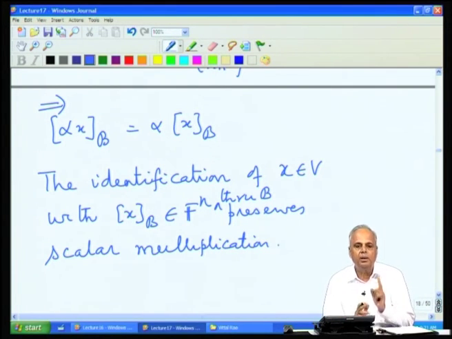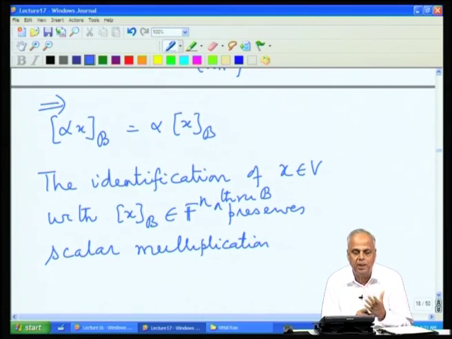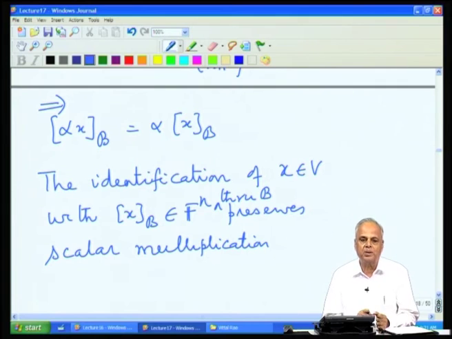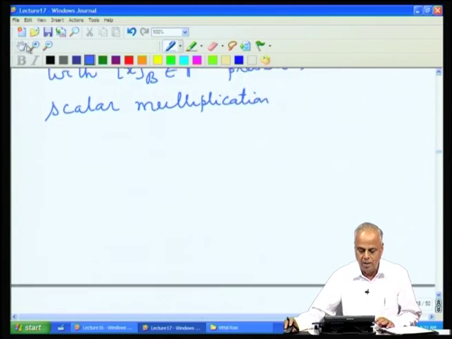Thus, we have seen that this identification preserves addition and scalar multiplication. Addition and scalar multiplication are the bread and butter algebraic operations in the vector space, and these are preserved, which means it preserves the algebra, the algebraic operations.